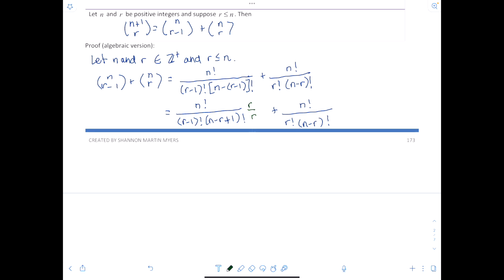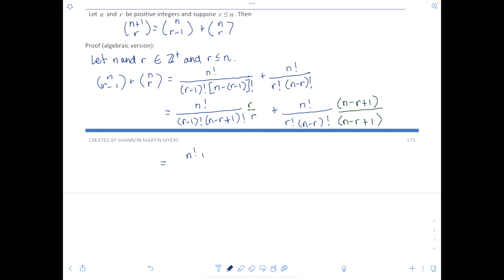Now, if you take a look at n minus r plus 1 factorial and n minus r factorial, if we were to multiply the second one by a factor of n minus r plus 1 over n minus r plus 1, we will end up getting n minus r plus 1 factorial. Isn't that groovy?